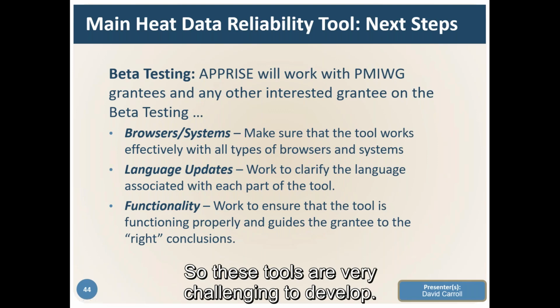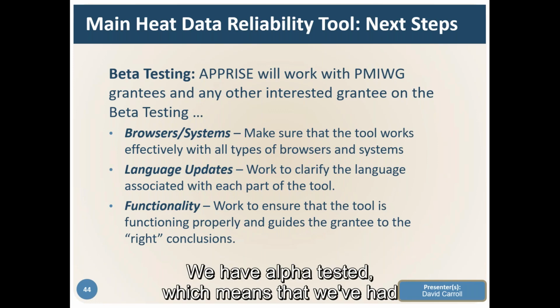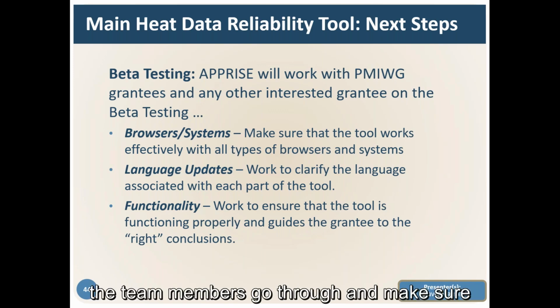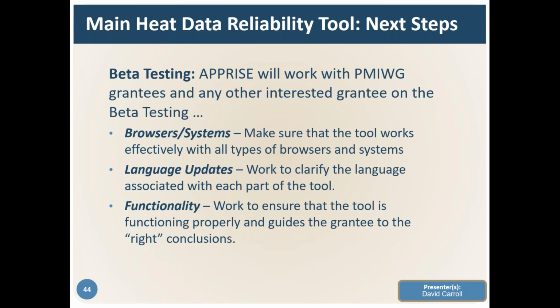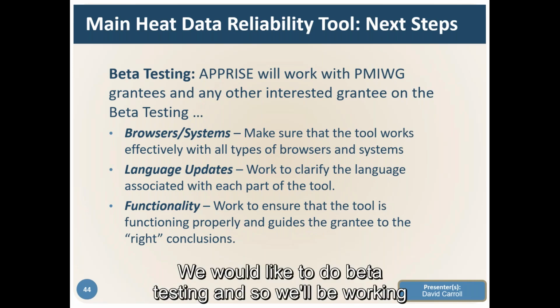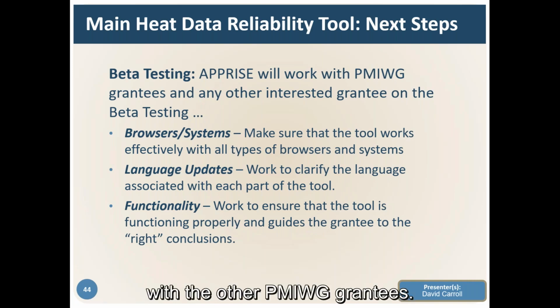So these tools are very challenging to develop. We have alpha tested, which means that team members have gone through and made sure that the basic functionality is correct. We would like to do beta testing, and so we'll be working with the other PMIWG grantees.